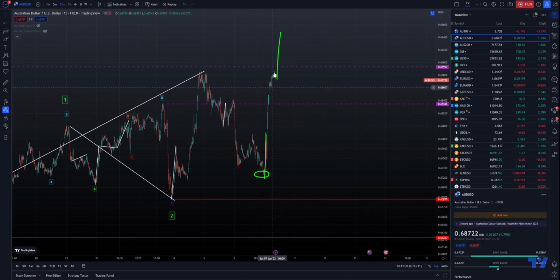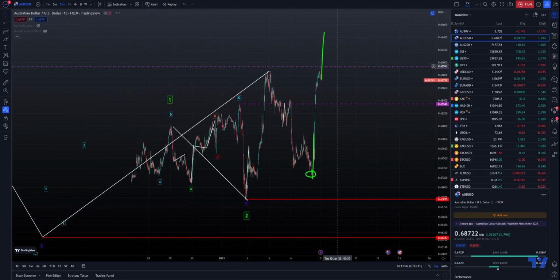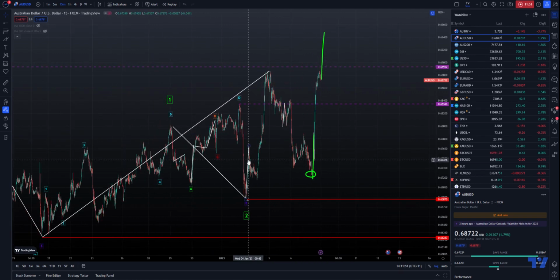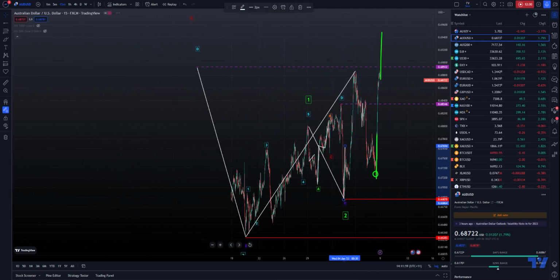So yes, I did allude to this area. A D wave will likely break this move, and a lot of the times D waves do break the resistance. If this is really wave one here down at the lows, and we saw A, B, C, yeah, D wave will break that more than likely if it's actually supposed to go higher.